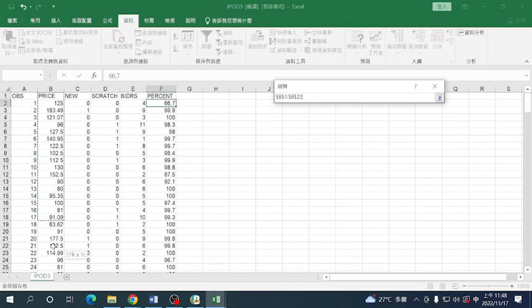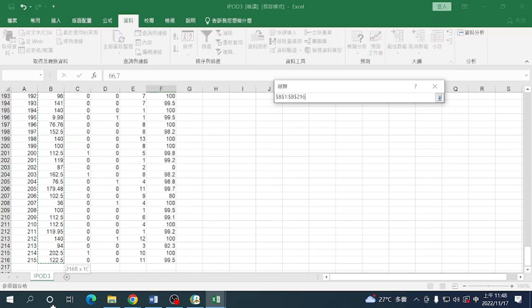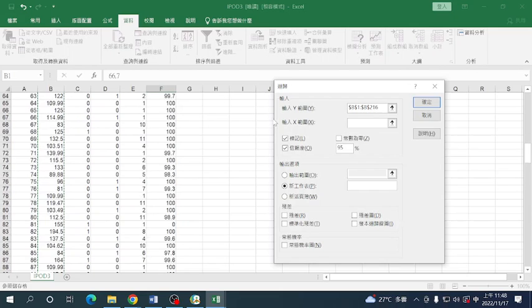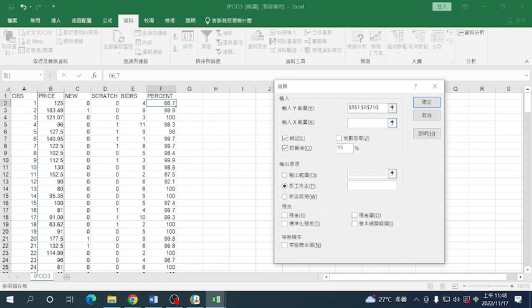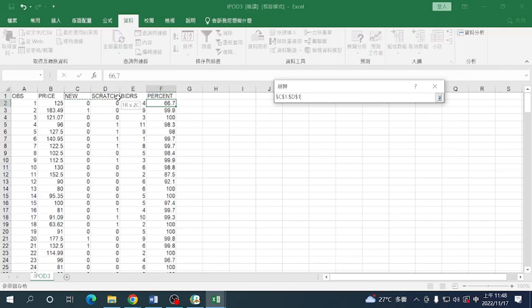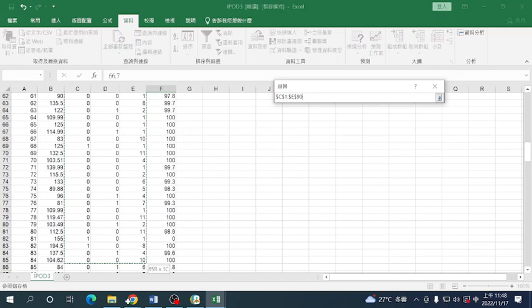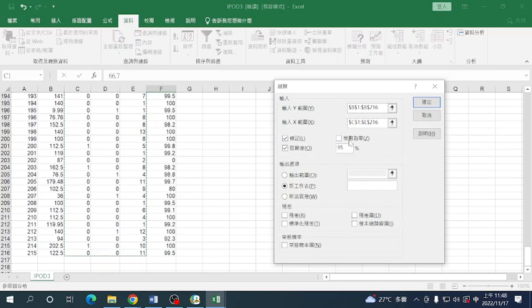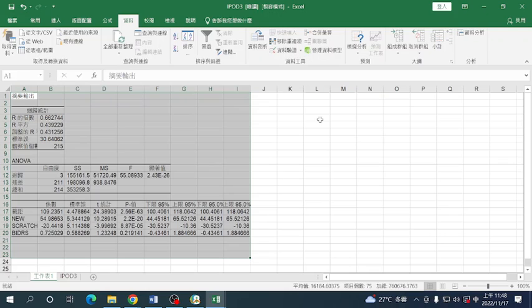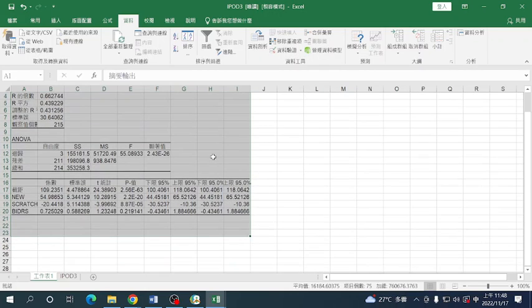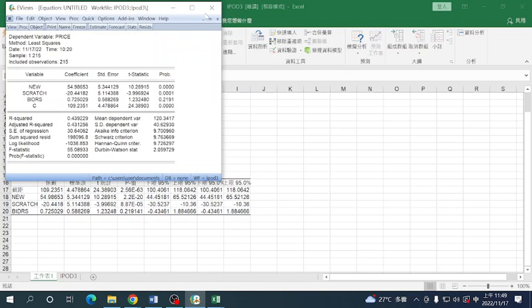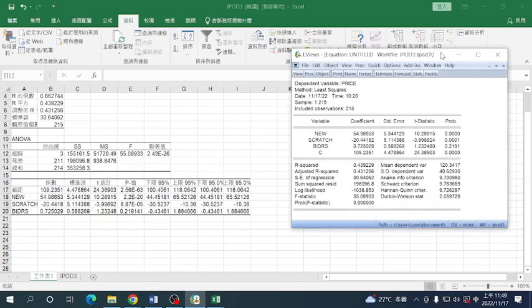Okay, this is the Y, and X means which inverse. This is exactly the same as what I have for my eViews.